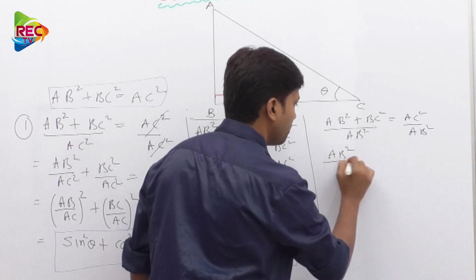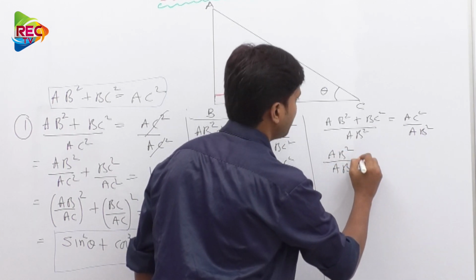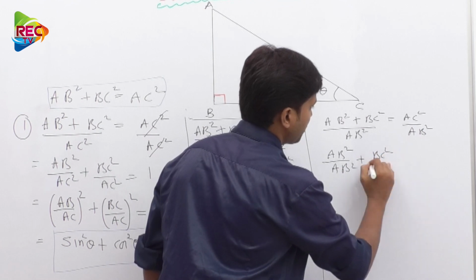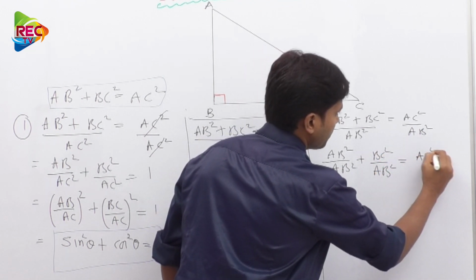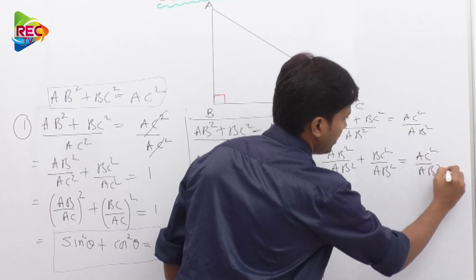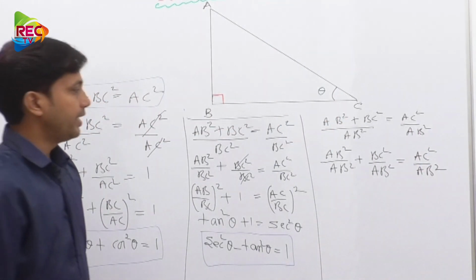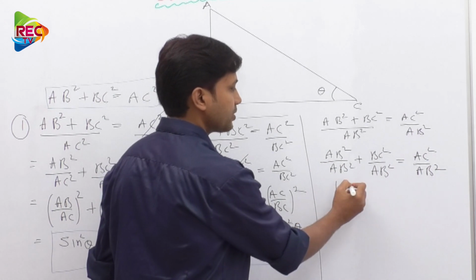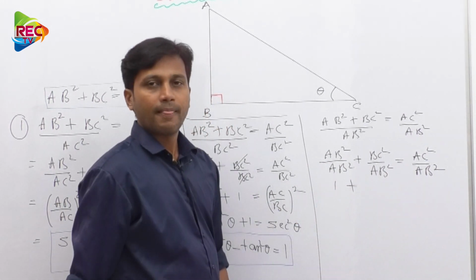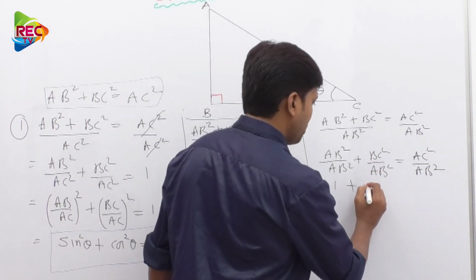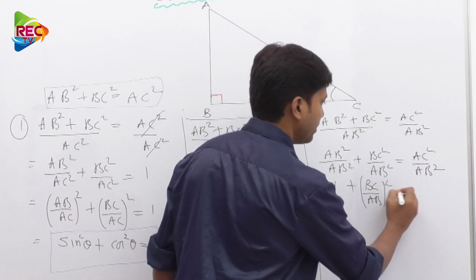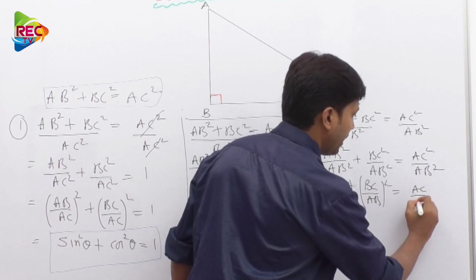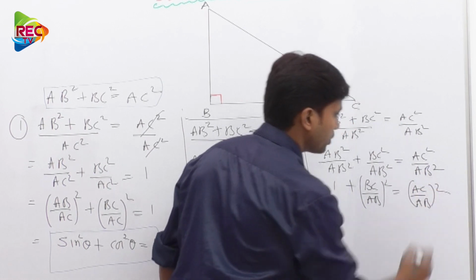AB square by AB square, plus BC square by AB square is equal to AC square by AB square, right? So anyhow this would be cancelled and this remains 1 here, and here BC by AB whole square, and AC by AB again whole square.